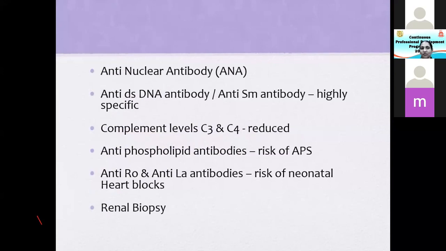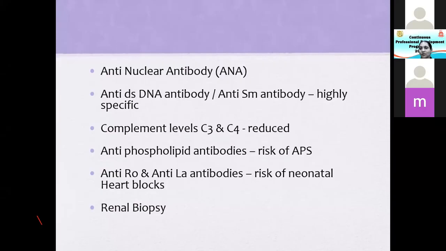The specific investigations, anti-nuclear antibody. Here also I want to emphasize requesting anti-nuclear antibodies in the clinical context. You don't go and request anti-nuclear antibodies for any patient, say for a patient with low back pain or for a patient without any clinical features. Don't go and request for anti-nuclear antibodies.